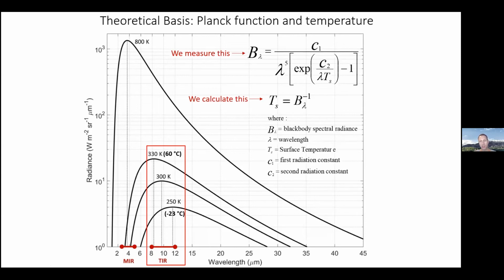And obviously it's a little bit more complex than that, because the radiation that we observe from space goes through all kinds of absorption and attenuation in the atmosphere, and so we have to account for that, what we call an atmospheric correction of the radiance, before we can actually retrieve the surface temperature. But what you're seeing from ECOSTRESS data is this temperature that we solve for in this equation.